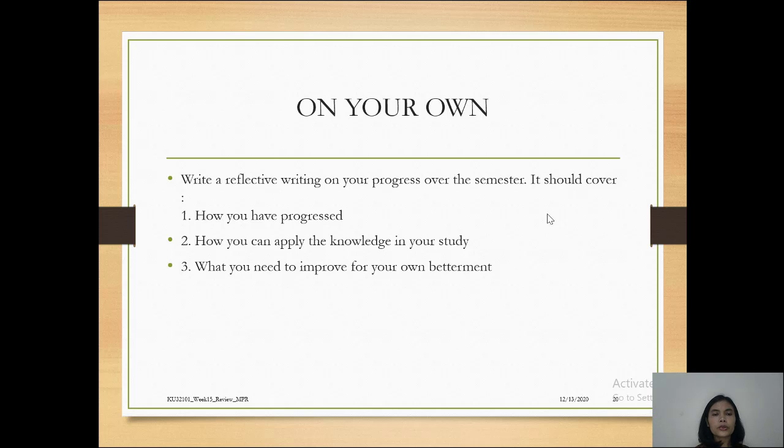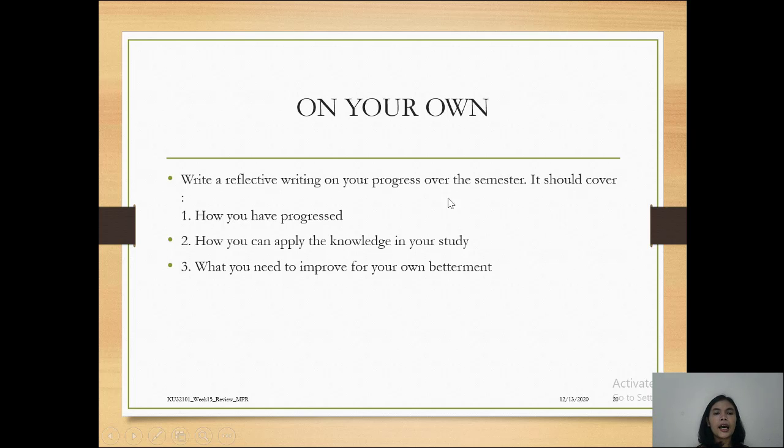The first question: how have you progressed from the first semester until the third semester, or specifically for the third semester during our online classes? Do you see that you have progress in terms of English communication? If yes, how or why? If no, how or why?